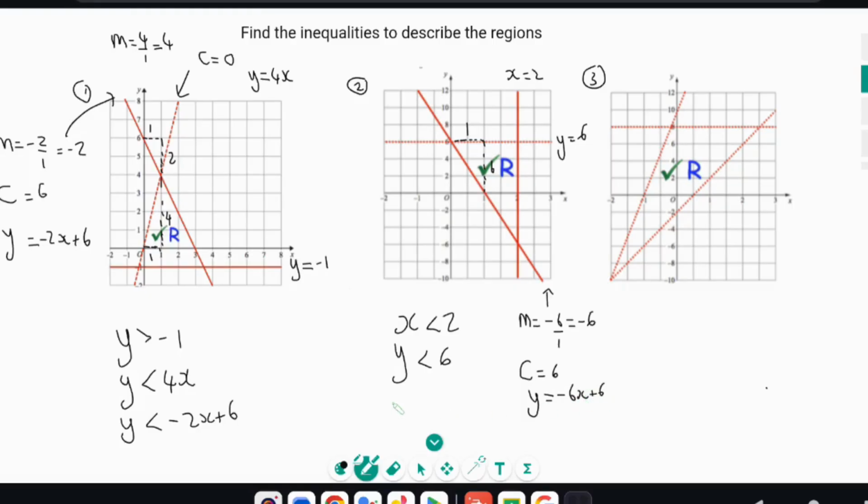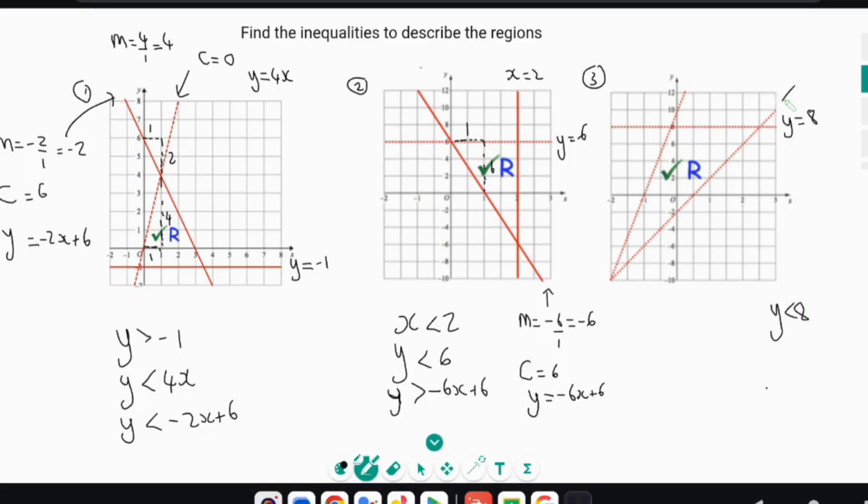The shading is above the line. And this one here, we have y is equal to 8. Shading region is below the line, so y is less than 8.